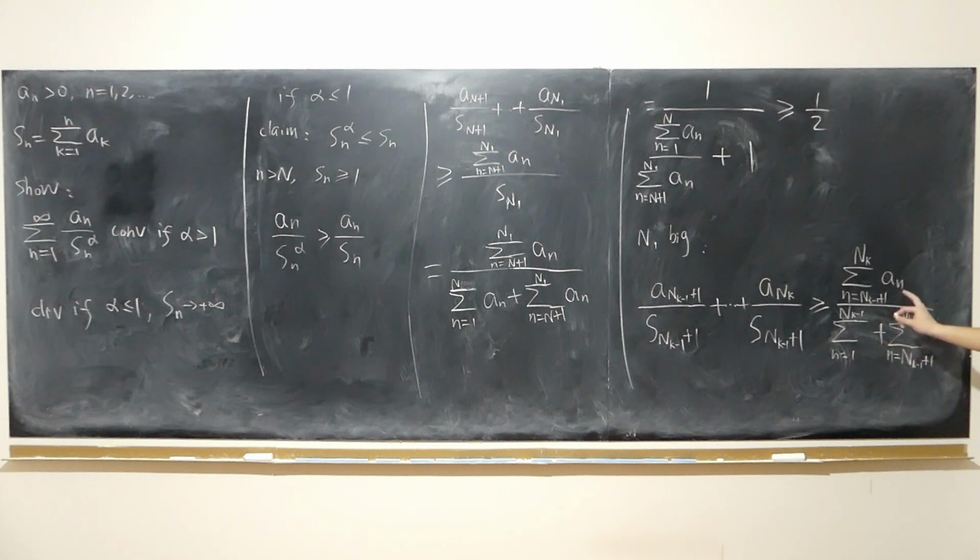So again, divide everything by this partial sum. So this will become just 1, this will become just 1.